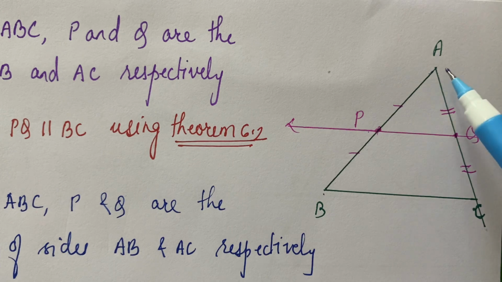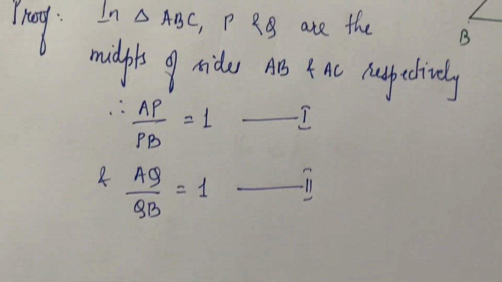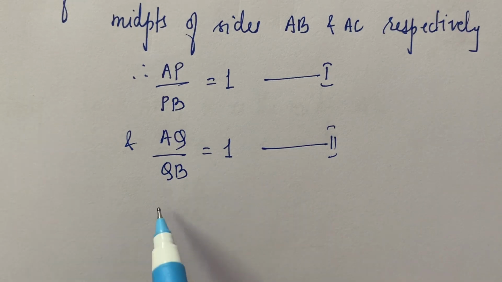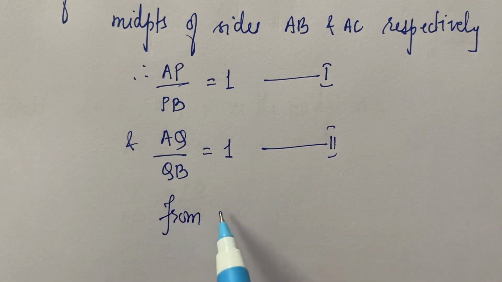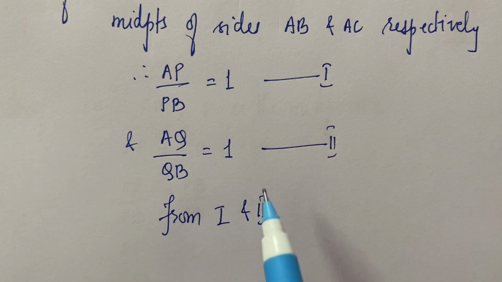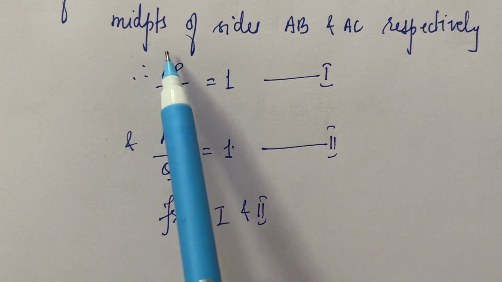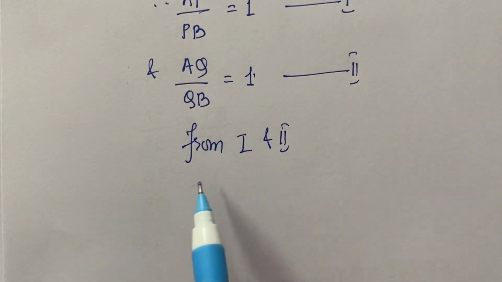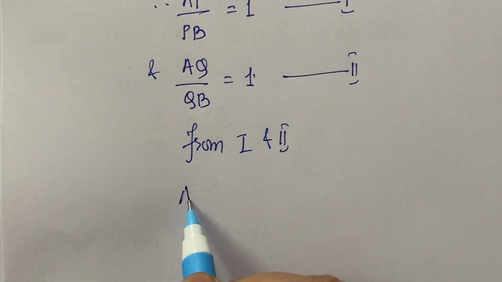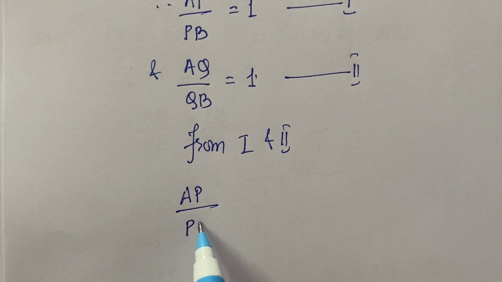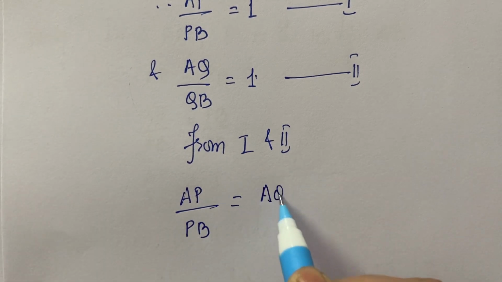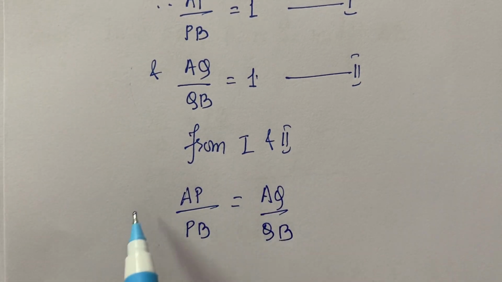Q is the midpoint, then AQ is to QC, this ratio will also be equal to 1. So from equation 1 and 2, what do you get? The right hand side is equal, so the left hand side should be equal. AP upon PB is equal to AQ upon QC.